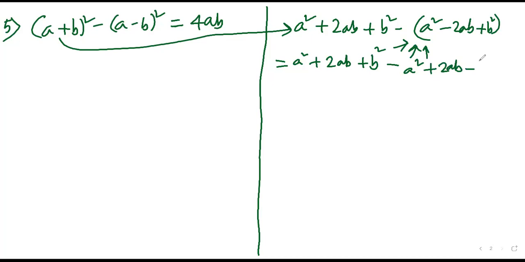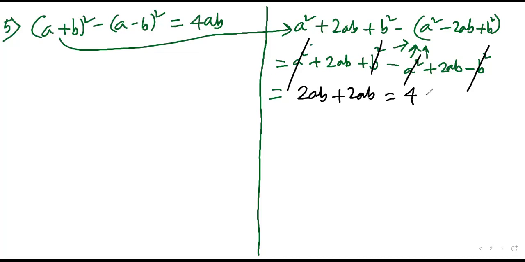Here, see, a square and minus a square are cancelled out, minus b square and plus b square are cancelled out, so you will have just 2ab plus 2ab. Okay, so that is 4ab. So this is the formula for 4ab.